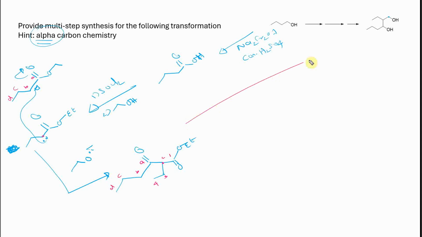You can simply treat this with lithium aluminum hydride followed by acid workup. Okay, so the ketone is going to be reduced to the alcohol. So if you want to label this here, that is 1, 2, 3, 4. So that carbon here is that carbon which reduces to the alcohol, and this is your other chain, which is A, B, C, D. Okay, which is that chain over there.